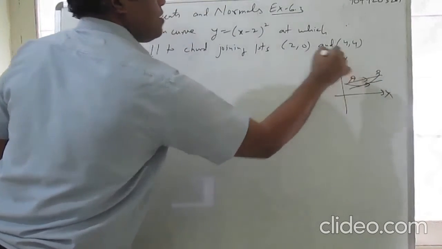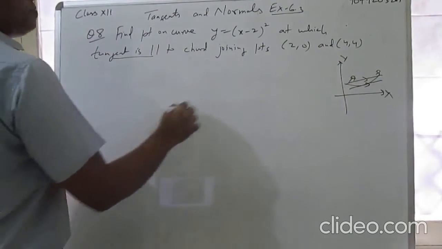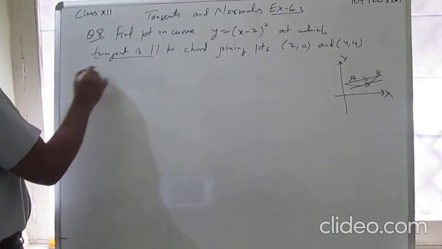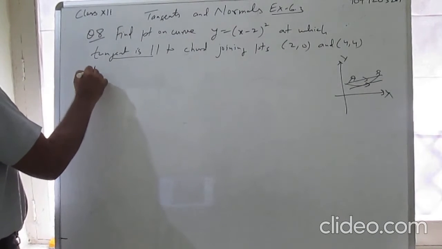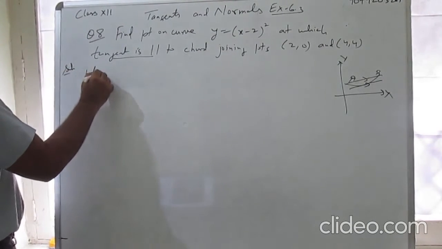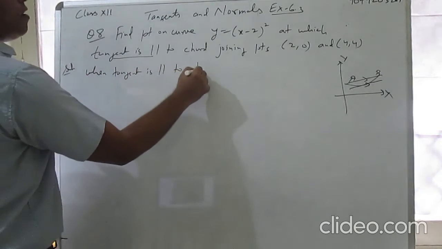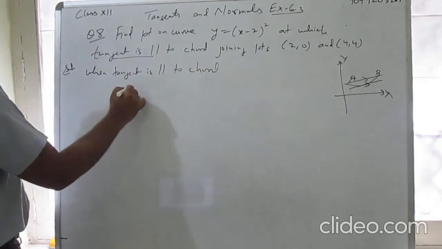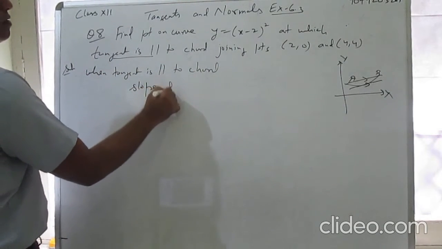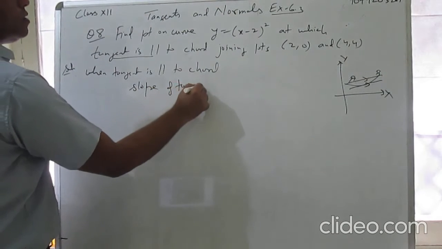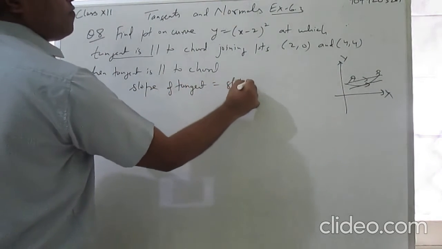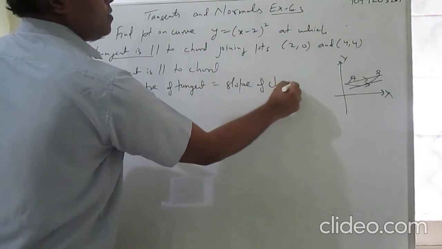Now when tangent is parallel to chord, the condition is that slope of tangent is equal to slope of chord.